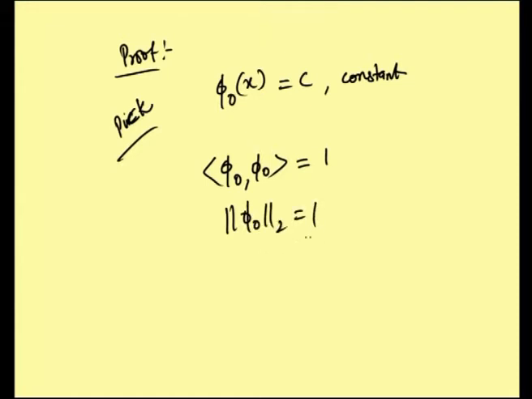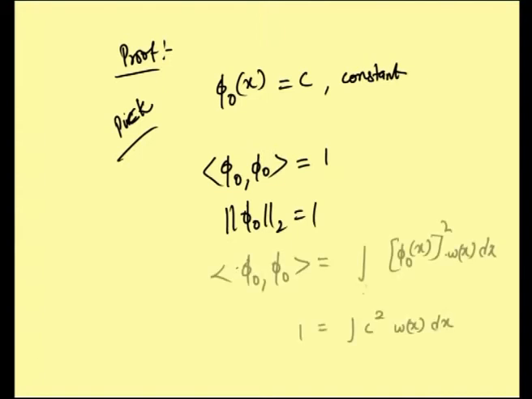The inner product phi naught comma phi naught is defined as integral a to b phi naught of x square w of x dx, and it is taken to be equal to 1, with phi naught of x taken to be equal to c.